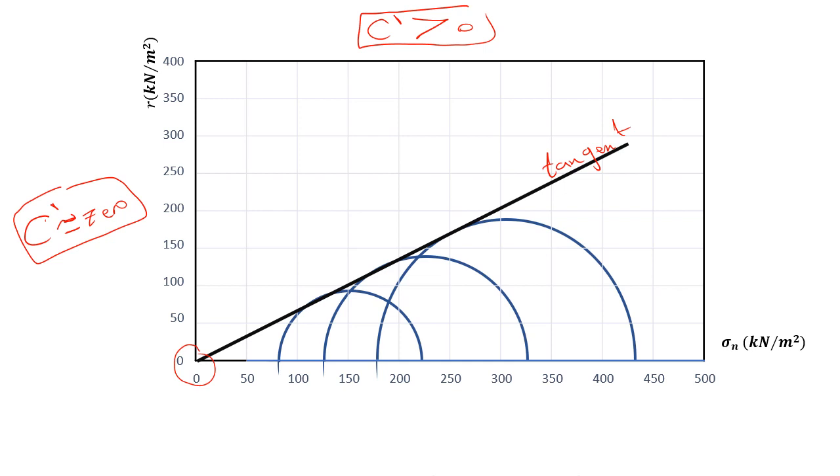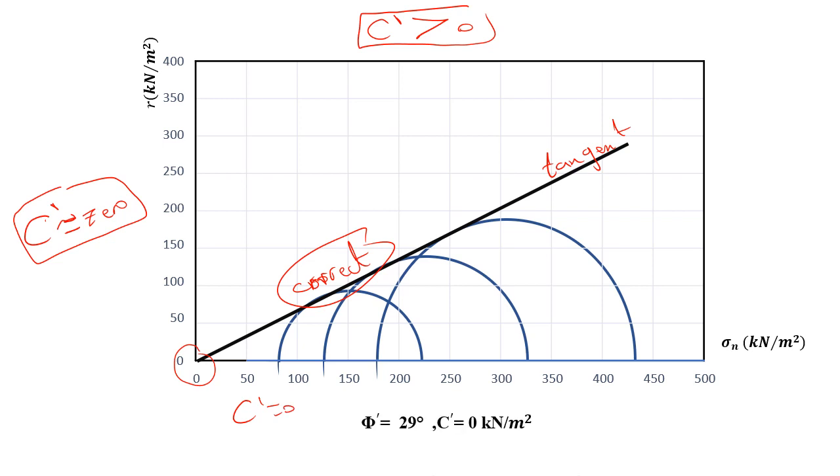So in our problem, we have a normally consolidated clay, so this tangent is correct and it passes through the origin point, so C prime is equal to 0. But what about the value of phi?